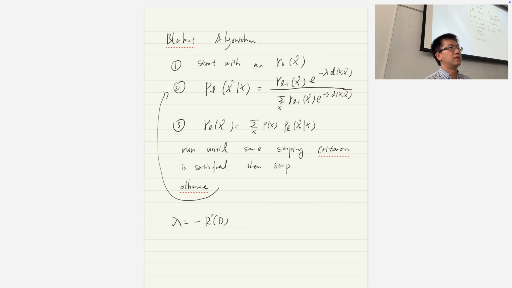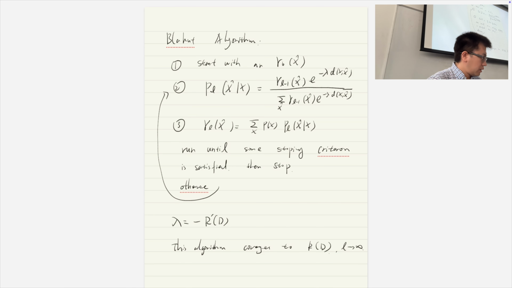Let's emphasize it here: this algorithm converges to RD as L goes to infinity. Great. Any questions?